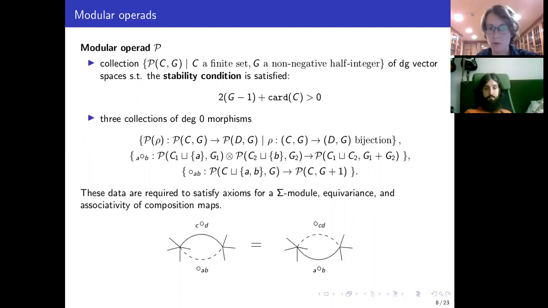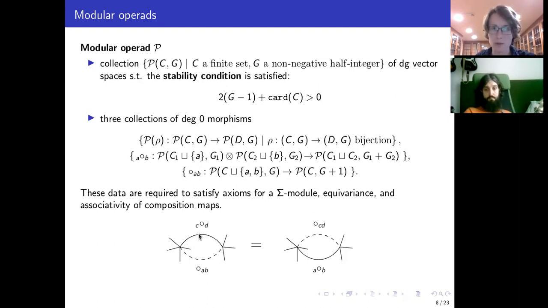And these data are required to satisfy some axioms. First, that there will be some compatibility between the sigma module structure and the composition, so that will be called the equivariance. Also, just looking at the sigma module, it will satisfy the sigma module structure. And then there will be a lot of axioms for the associativity between these two compositions. So here is, for example, depicted one of them.